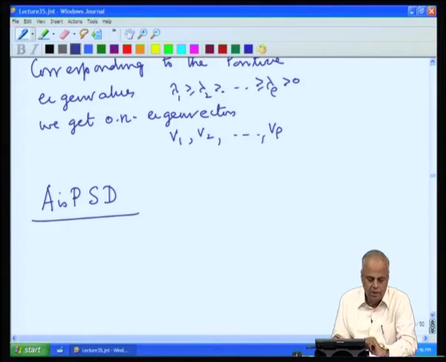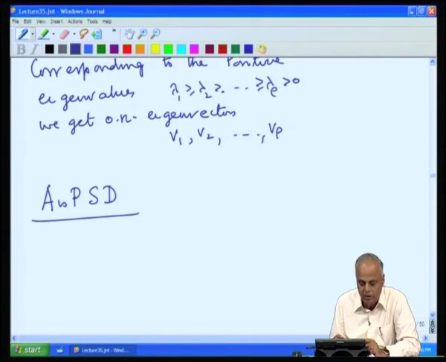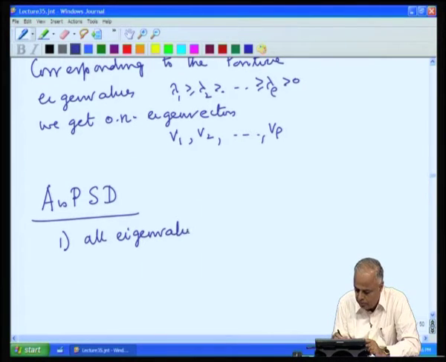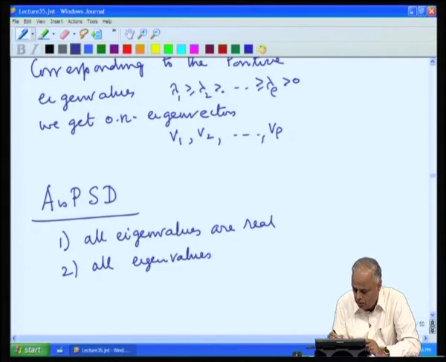So, let us summarize this. If A is positive semi definite, all eigenvalues are real, and all eigenvalues are greater than or equal to 0.